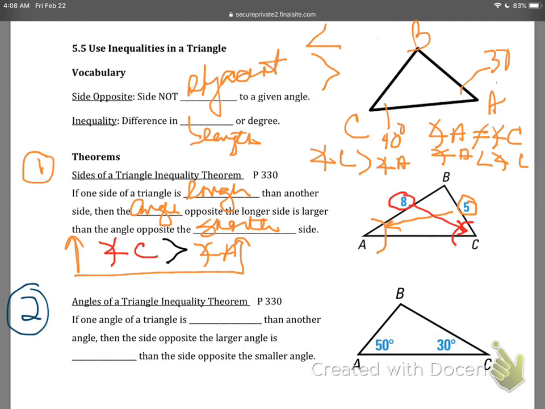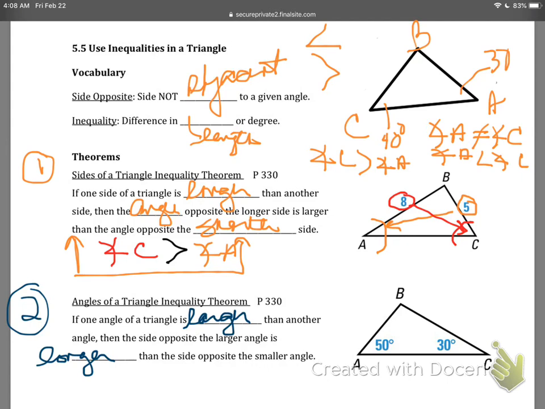If one angle of a triangle is larger than another angle, then the side opposite the larger angle is longer or bigger than the side opposite the smaller angle.